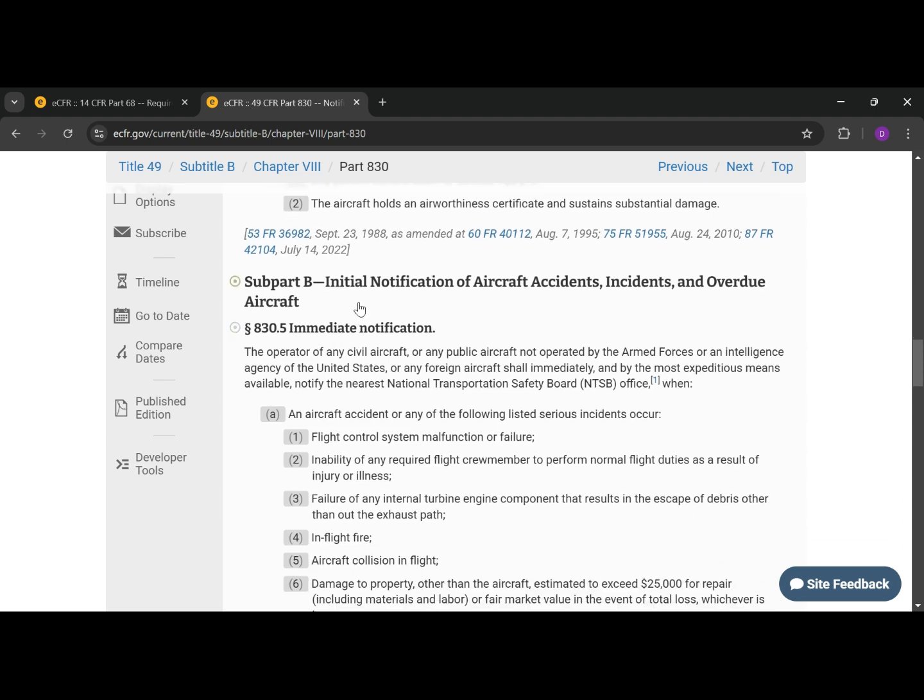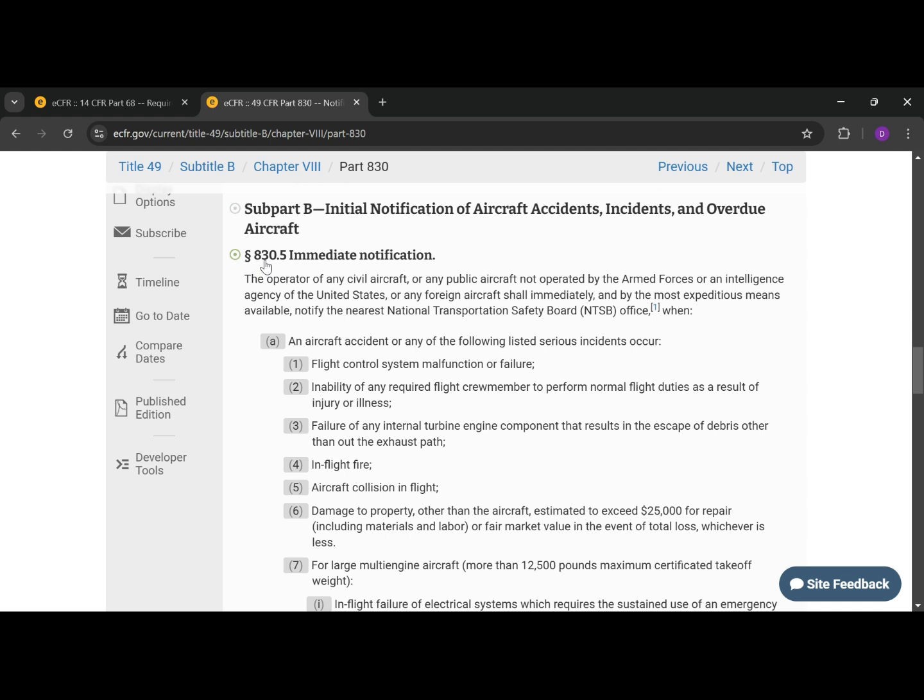So now we're moving on to notification of aircraft accidents, incidents, and overdue aircraft. Part 835, immediate notification.